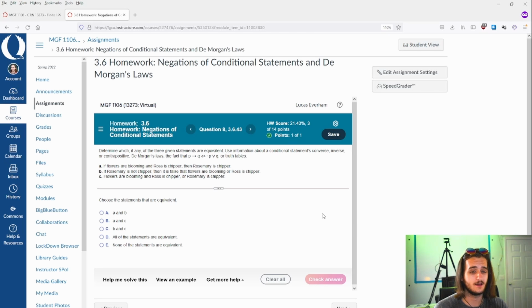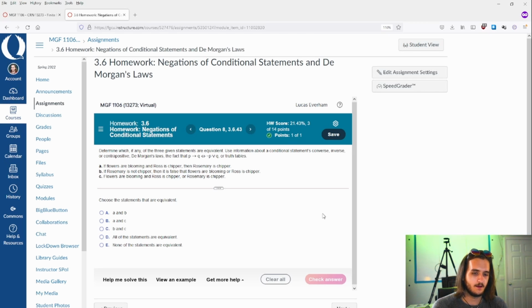I said Rosemary's chipper is R, so not R implies the grouping with a negation in the front of it, P or Q. If you bring that in with De Morgan's laws, that would be something like if not Q, then not P and not R. Just clunky and not at all like what we had in part A. It's a lot more involved. You have way more parts there. No, that's not what we're looking for.